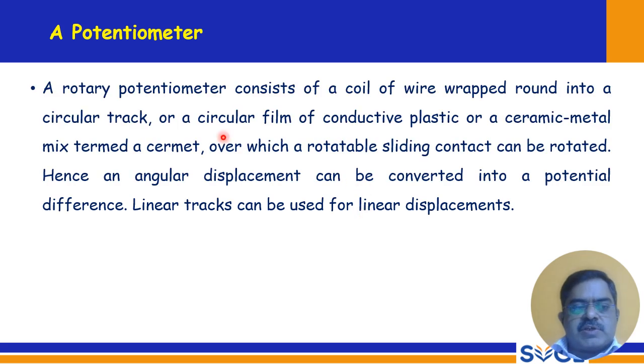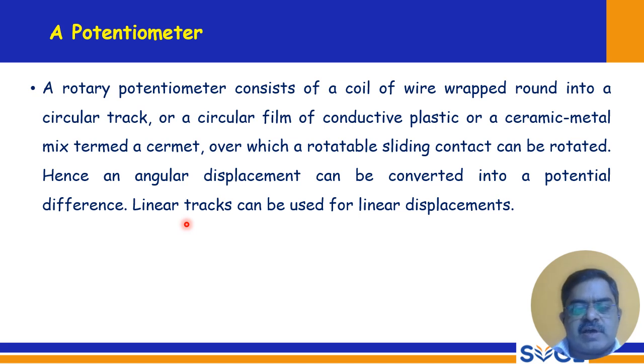A rotary potentiometer consists of a coil of wire wrapped into a circular track, or a circular film of conductive plastic or ceramic metal mix termed a cermet, over which a rotatable sliding contact can be rotated. Hence, the angular displacement can be converted into a potential difference. So this is a pot here.